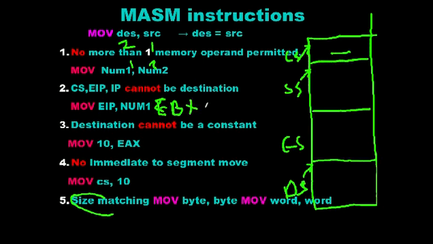EBX is 4 bytes, AX is 2 bytes. That's why I told you you need to know the registers also. See, anything small you don't know can cause errors, and it's going to be hard to figure out. This is not allowed. It's going to give you an error.